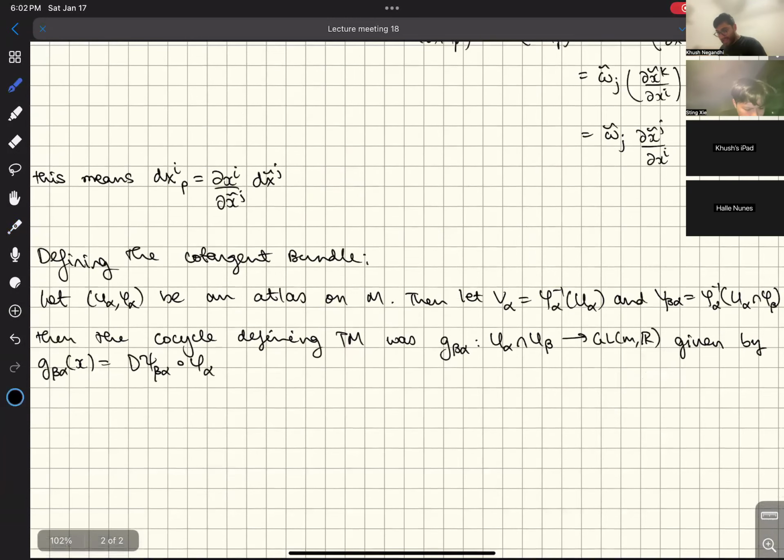Okay, so now the idea with associated bundles is going to be very simple. We're going to take the same data, and now we're going to look at representations of this space, because what a representation will do is give us a huge family of things that will similarly define cocycle conditions.